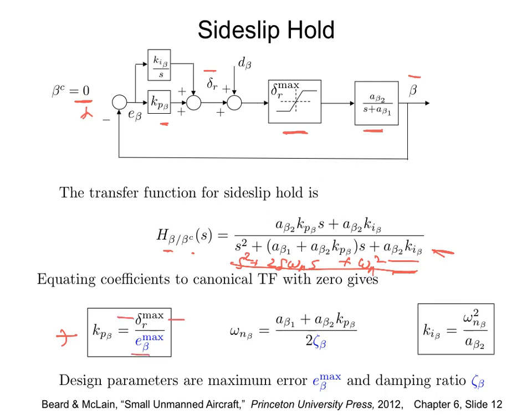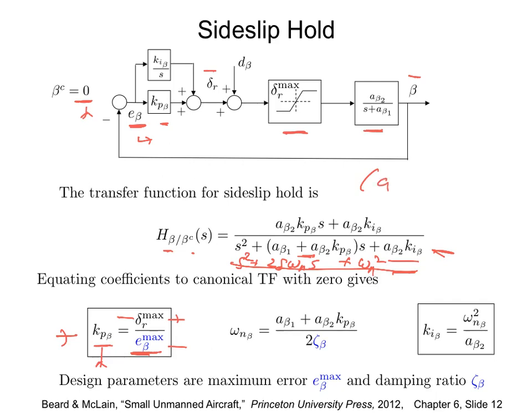Again, this is the maximum allowable input, and this is the maximum error you can think of. So let's say in the worst conditions your beta angle will be 30 degrees, so you have to go from 30 degrees to 0 degrees, right? So that's EB max. From that you can compute your proportional gain Kp beta, and once you have Kp beta you can compare.